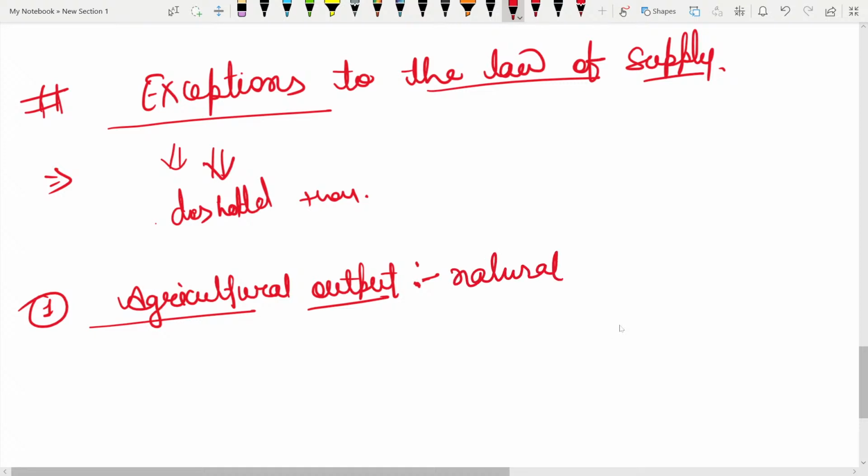Agricultural output is not governed by the market itself, but by natural factors.